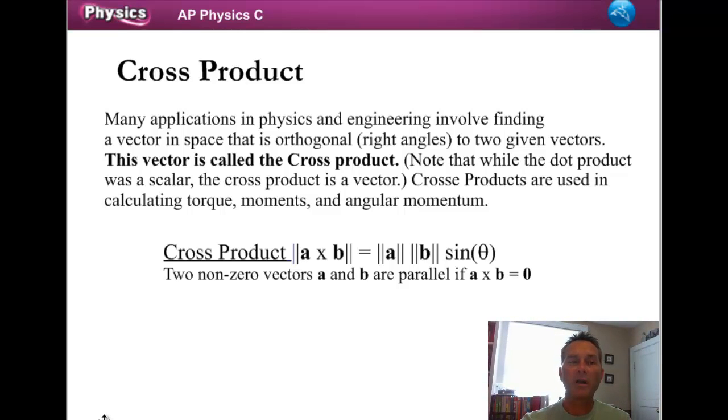The cross product is defined as the magnitude of the cross product of A, B, and we set that equal to the magnitude of A times the magnitude of B times the sine of theta. So two non-zero vectors A and B are parallel if the cross product is equal to 0.